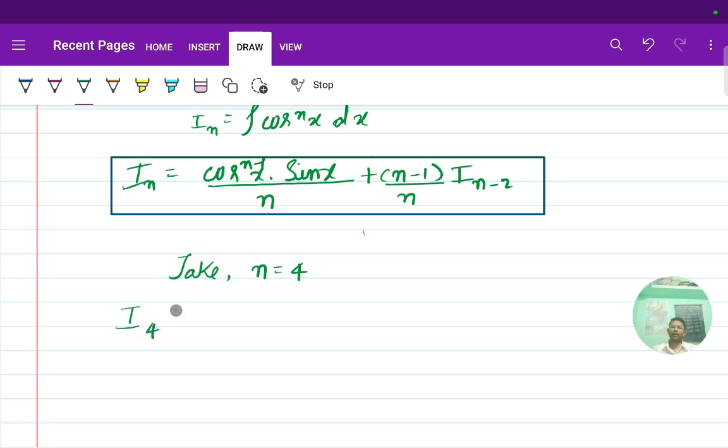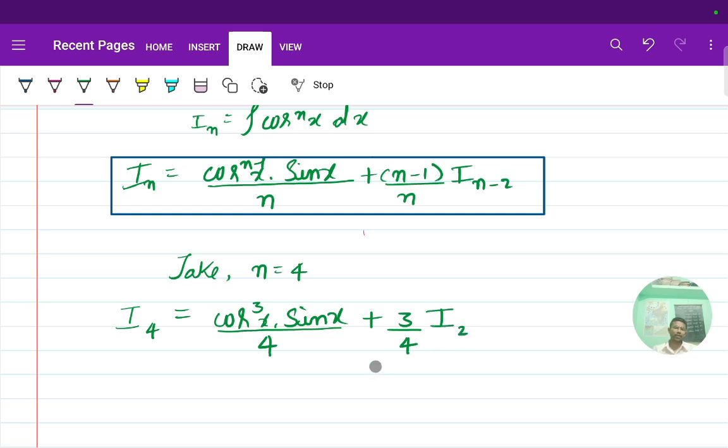So n is equals to 4, so I4 is equals to cos power n minus 1, that is 4 minus 1, which is 3, so cos power 3x into sin x divided by n is equals to 4, so divided by 4, plus n minus 1 is 3, divided by n is 4, into I 4 minus 2 is 2.